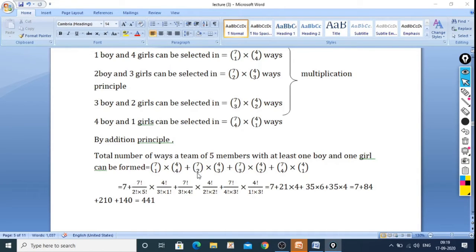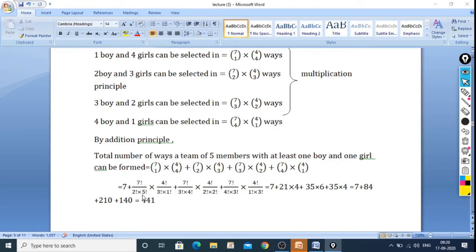Now it is 7 factorial upon 2 factorial into 7 minus 2, that is 5 factorial, into 4 factorial upon 3 factorial and 4 minus 1, that is 1 factorial, plus 7 factorial upon 3 factorial into 7 minus 3, that is 4 factorial, into 4C2, that means 4 factorial upon 2 factorial into 4 minus 2, that is 2 factorial, plus 7C4, that is 7 factorial upon 4 factorial into 7 minus 4, that is 3 factorial, into 4C1, that is 4 factorial upon 1 factorial into 4 minus 1, that is 3 factorial, or directly you can write 4 also.